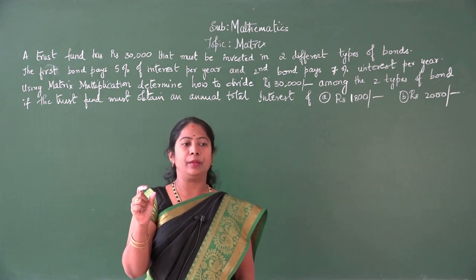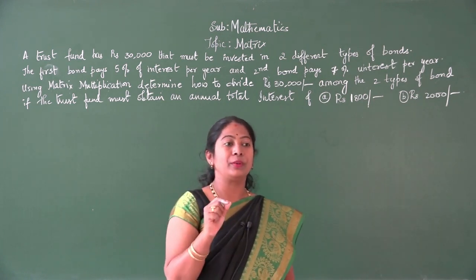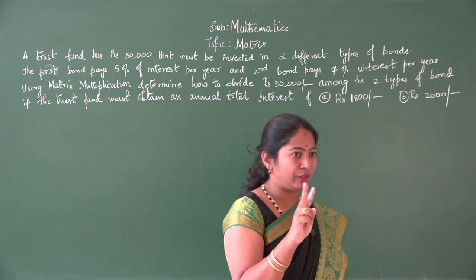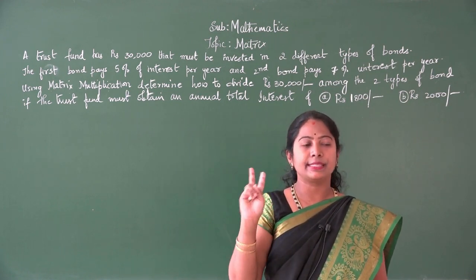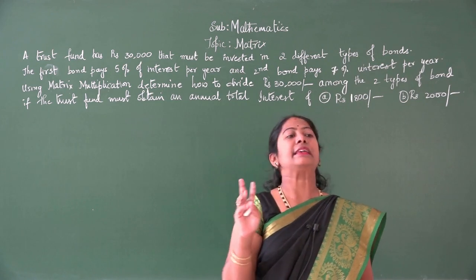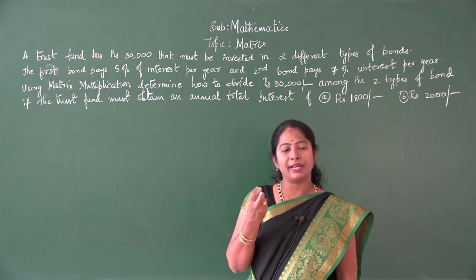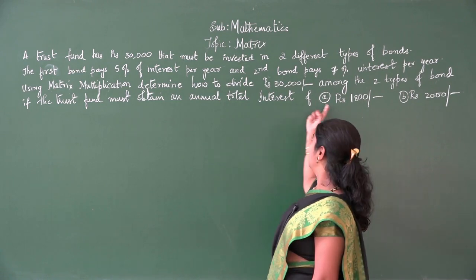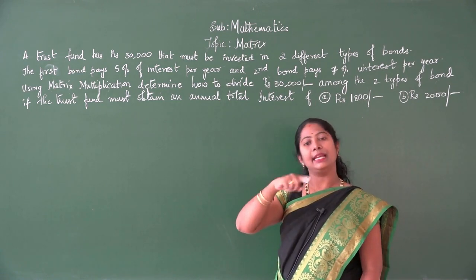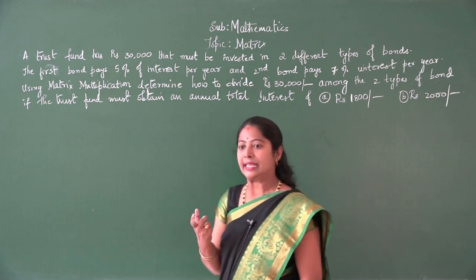The first bond pays an interest of 5%. The second bond pays an interest of 7%. And we have to divide in such a way that the interest amount will sum up to 1,800 in the first case and 2,000 in the second case.